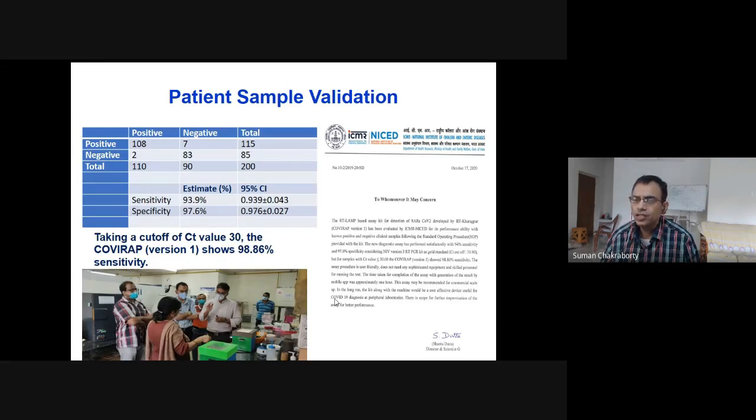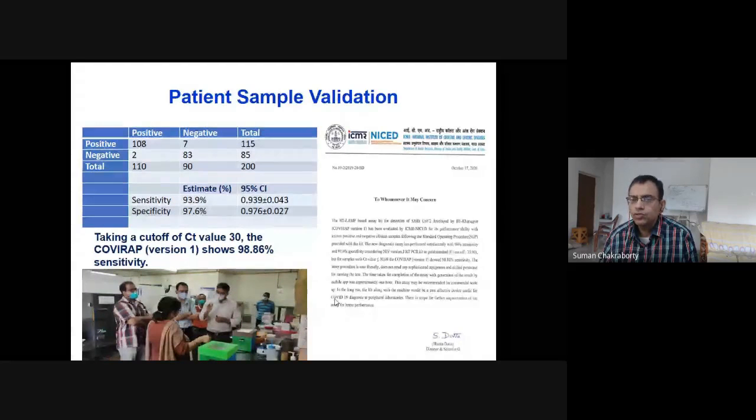So with all ranges of CT values till around the CT value of 35 or so, our test could reproduce the results of the RT-PCR test performed by them quite satisfactorily, with a sensitivity of around 94% and specificity close to 98%, taking a cutoff CT value of 30.